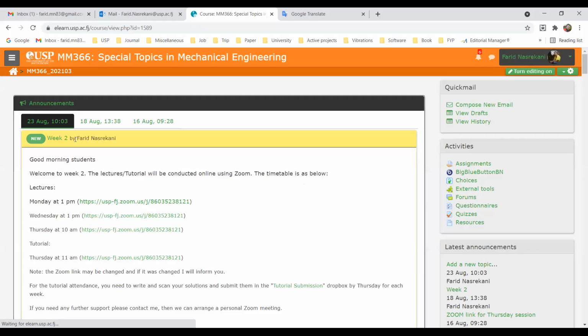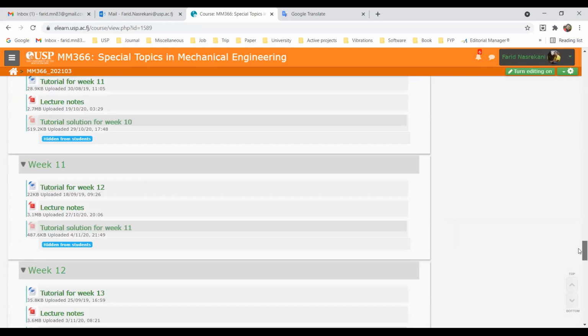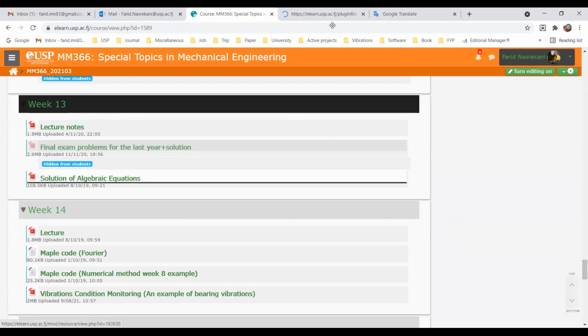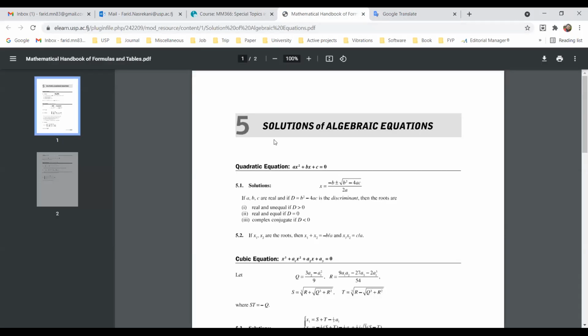If you go to the MM366 Moodle page, in week 13, here, this is the solution of algebraic equations. Here you can see this is the solution of algebraic equations.